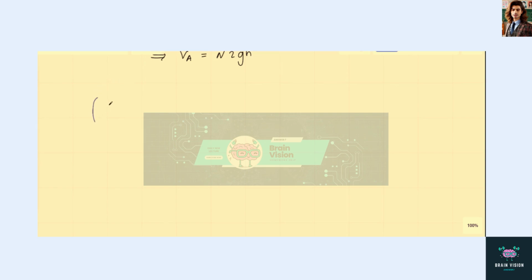And now we'll take the downward direction as positive, and we'll apply the equation for the coefficient of restitution, E. E is equal to the final velocity of the plate, VB2, minus the final velocity of the block, VA2, over the initial velocity of the block since the plate is at rest, and this is square root of 2gh.